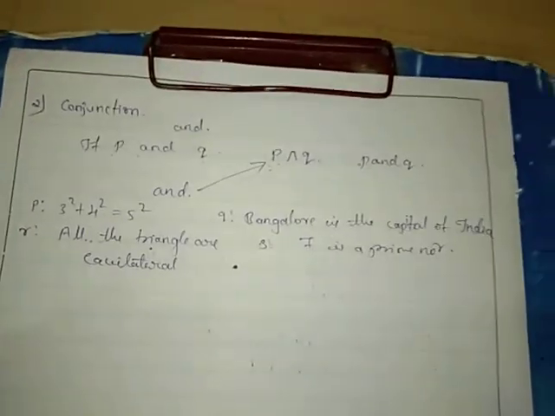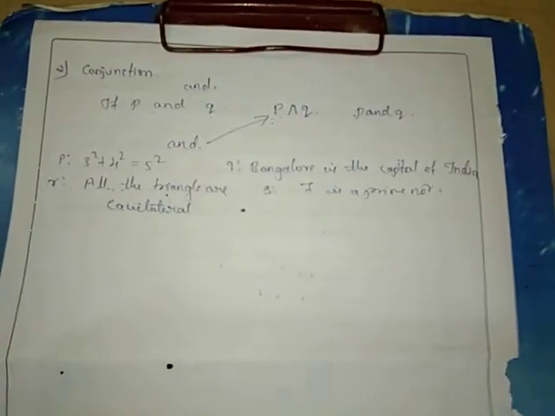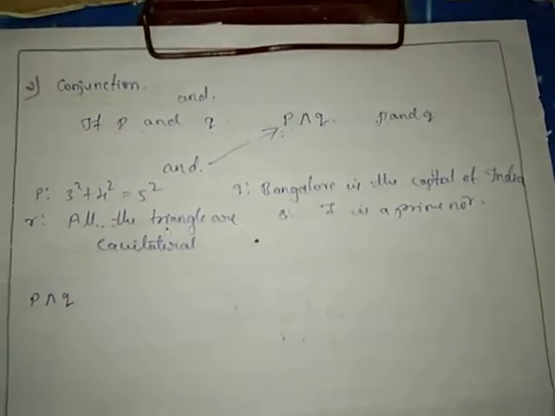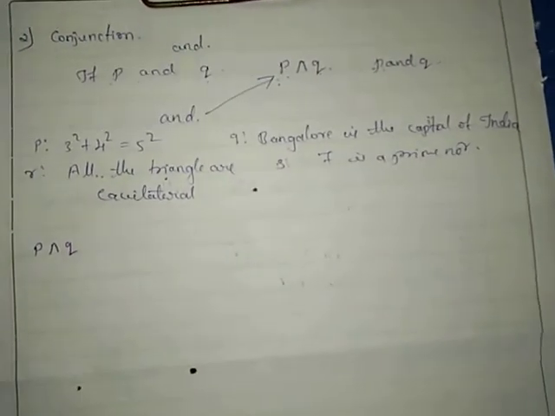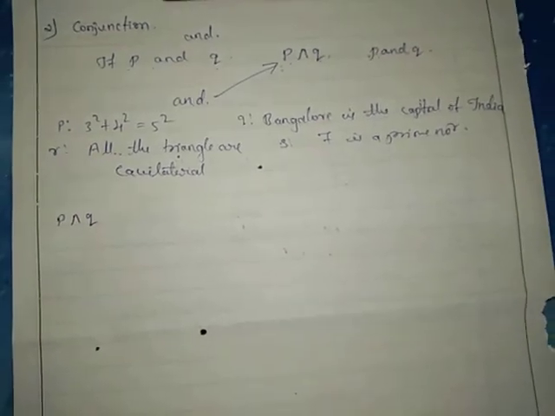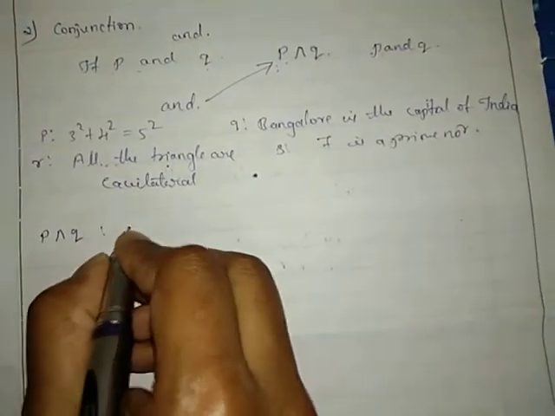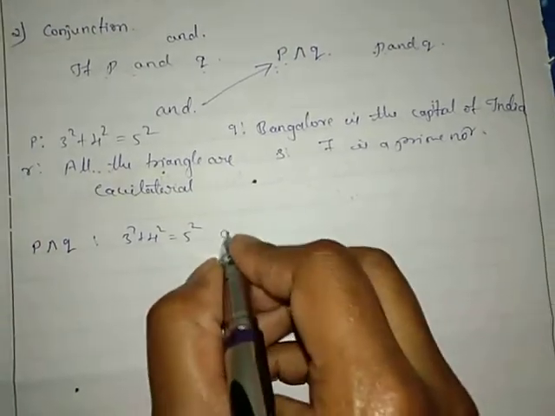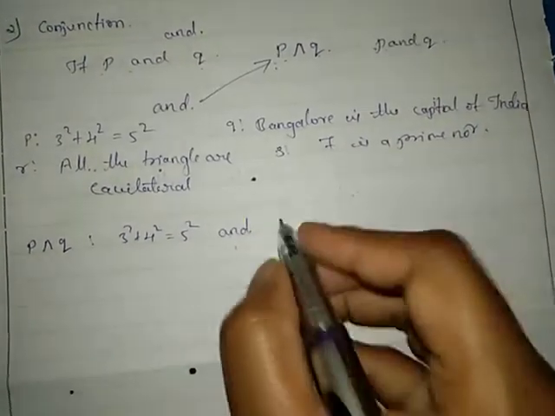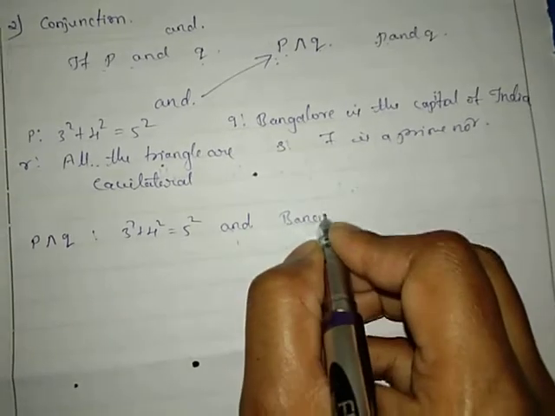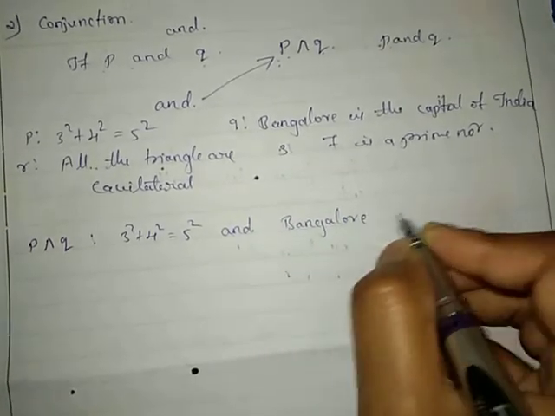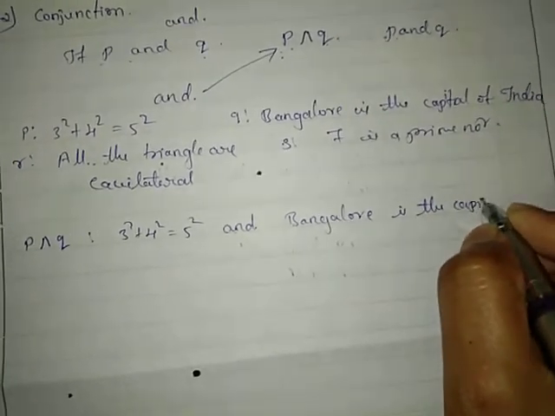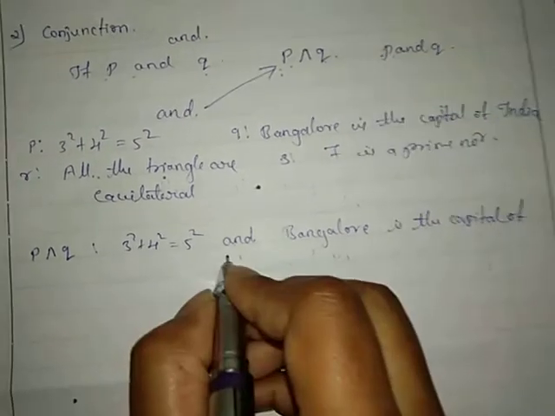Suppose these are the propositions. Suppose we make P and Q. P and Q indicates 3 square plus 4 square equal to 5 square and Bangalore is the capital of India.